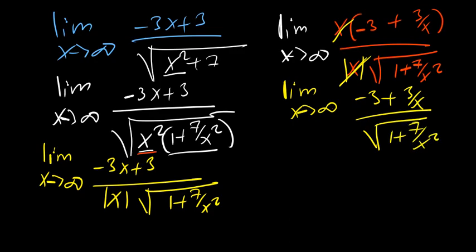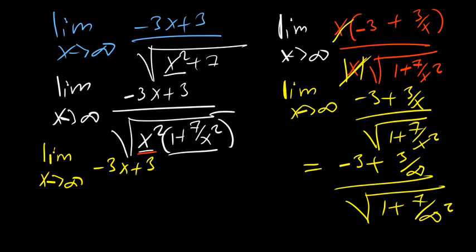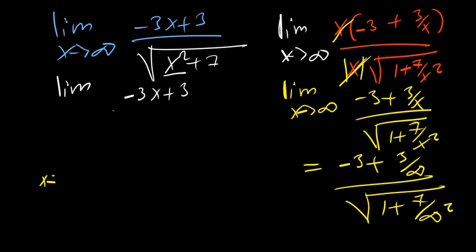At that point, I can now plug in: limit infinity is equal to negative 3 plus 3 over infinity, divided by the square root of 1 plus 7 over infinity squared. As long as infinity appears down there, it is 0, whether it's just infinity or power 2 or power 3.